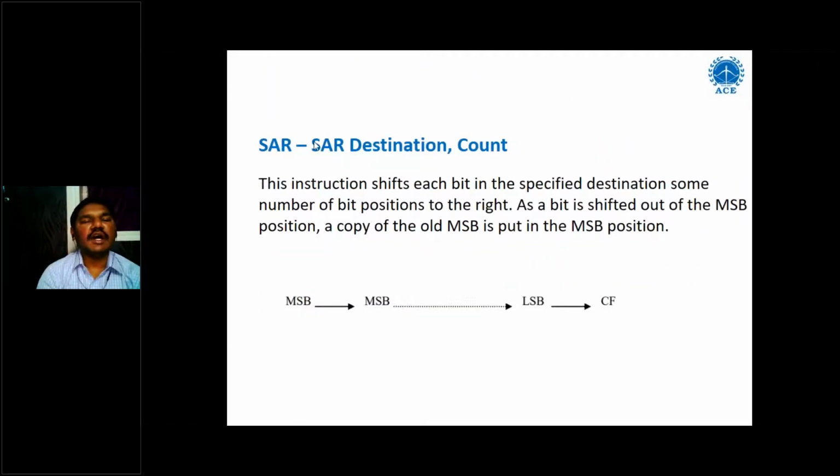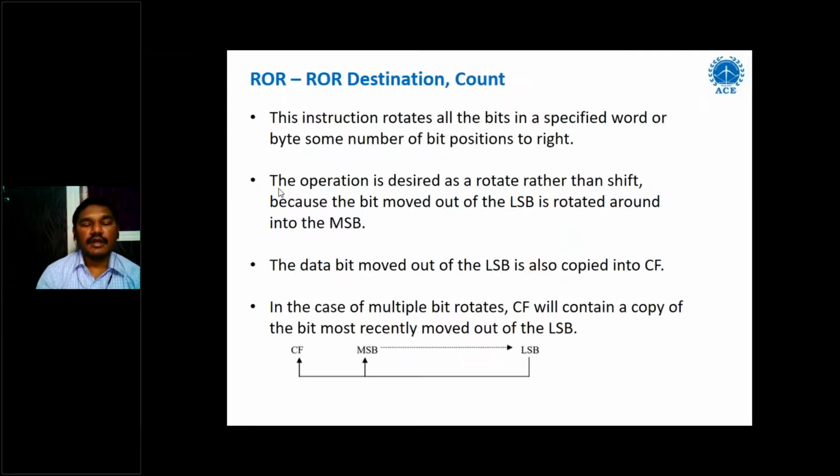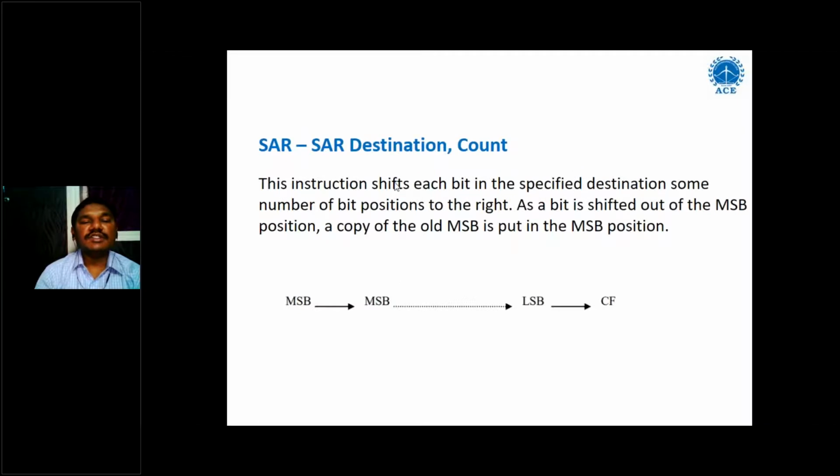Suppose I have SAR: S stands for shift, R stands for right, with arithmetic. What is arithmetic shift? This instruction shifts each bit in the specified destination some number of bit positions to the right. As a bit is shifted out of the MSB position, a copy of the old MSB is put in the MSB position.